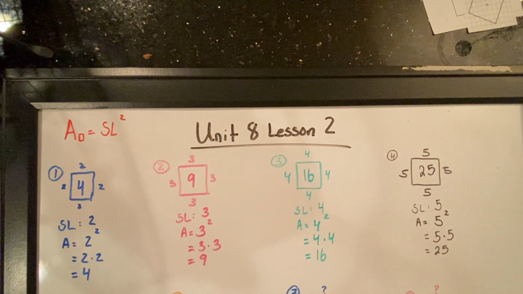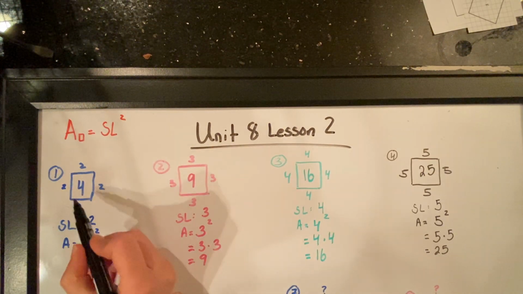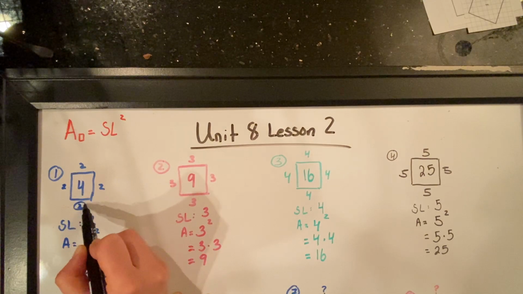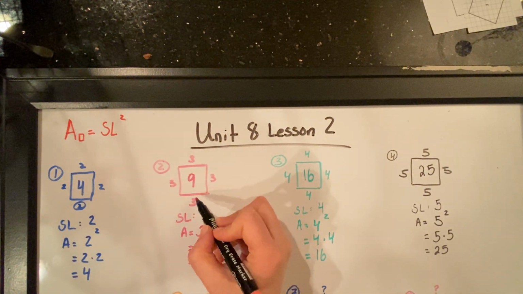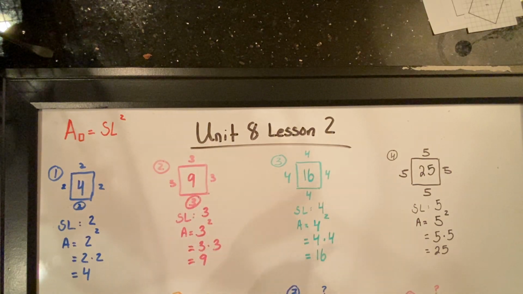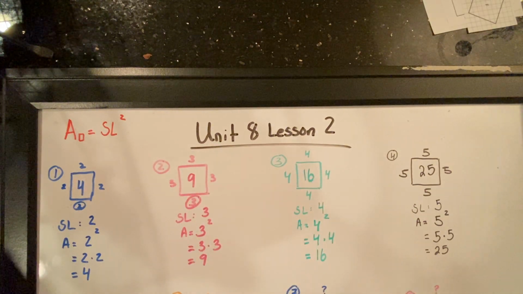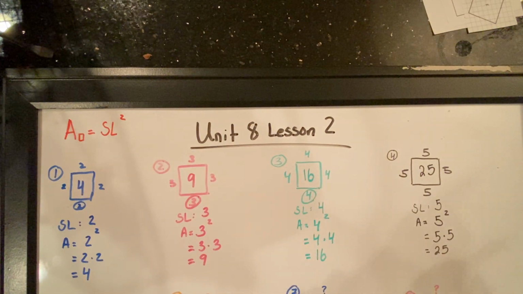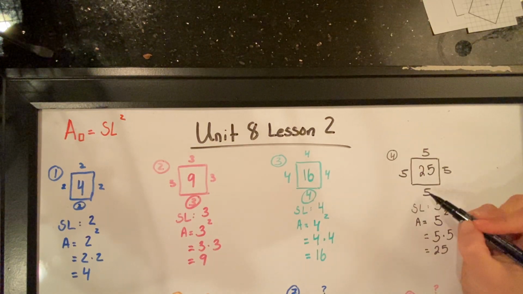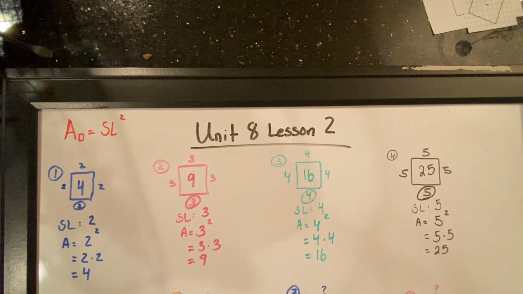So how we found the area when we have a side length is all we did was side length squared. So we did 2 squared here, 3 squared here, 4 squared here, and then 5 squared here. Okay, so that was easy. And these are all of the areas.